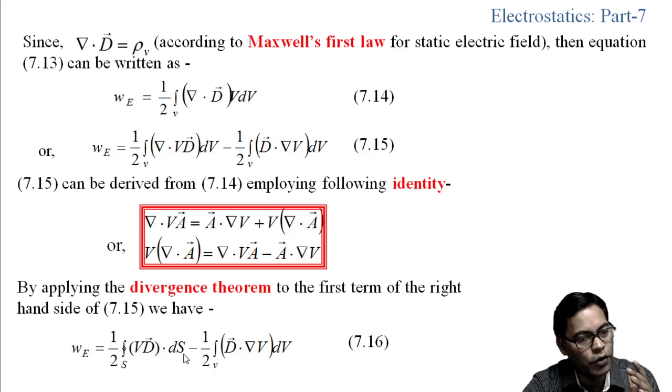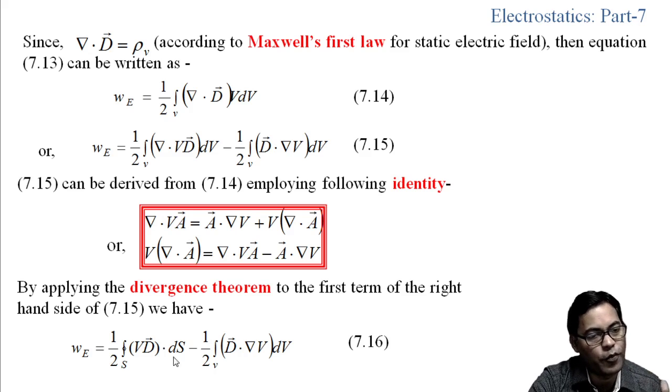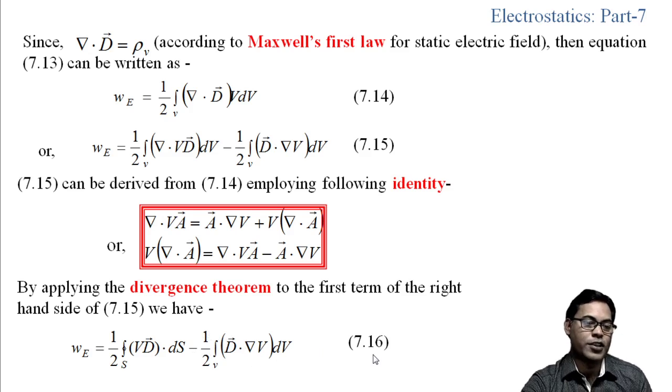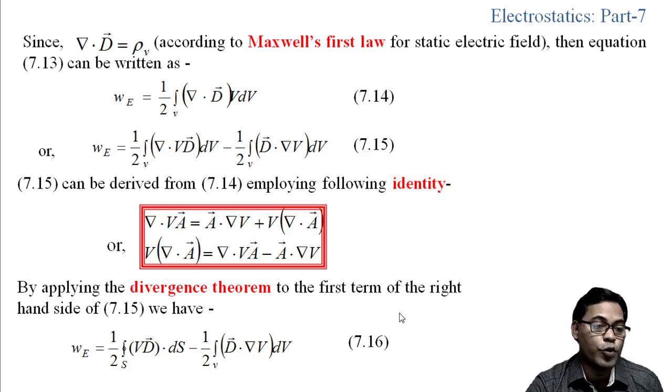If you remember the divergence theorem, from that we can write this expression. The second term stays the same: minus half the volume integral of D dot del V dv, equation 7.16. Now we are going to use a condition to simplify this expression.